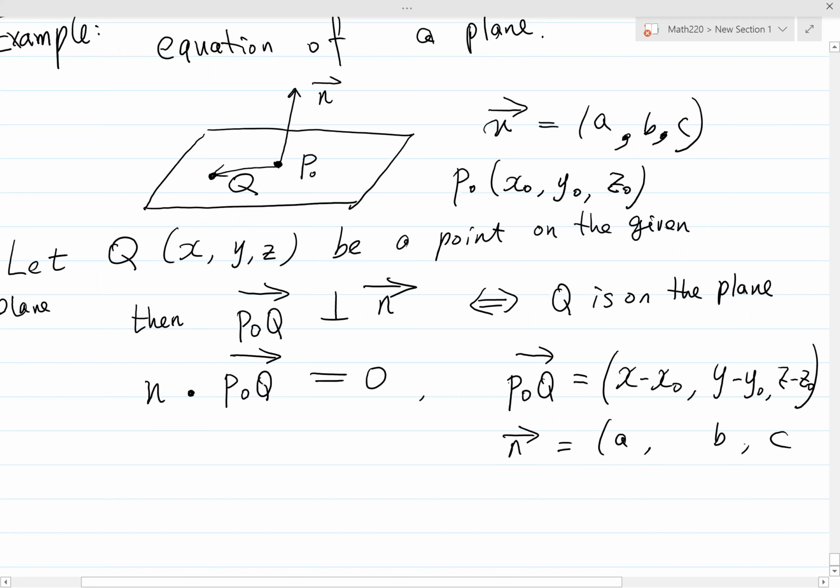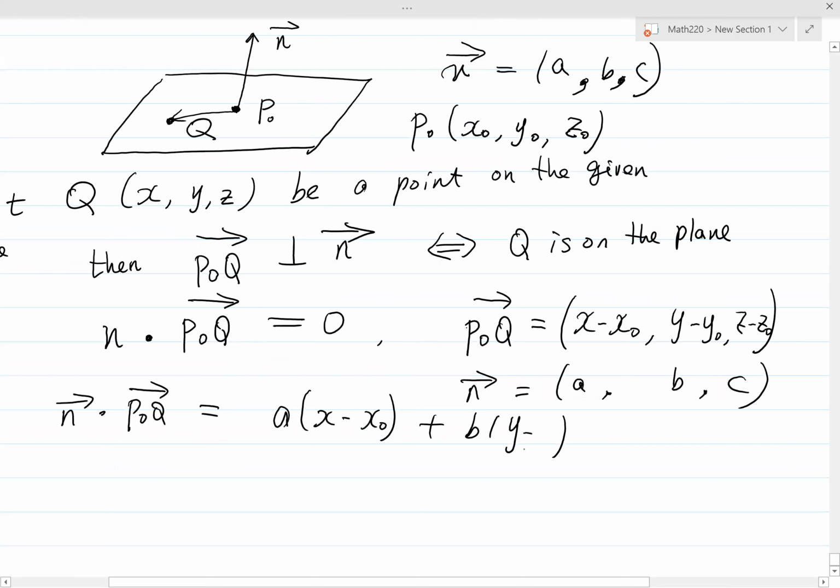If you do the dot product of n with P0Q, x multiplies x, y multiplies y, plus z multiplies z, you get 0.